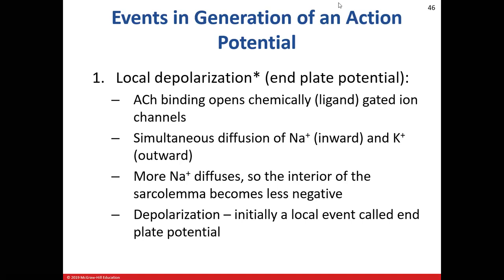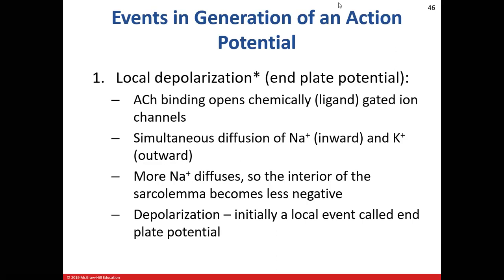Now, a local depolarization doesn't necessarily get us an action potential. One thing we're going to talk about is that an AP is an all or none event. It either happens or it doesn't. But in order for it to happen, it must reach the threshold stimulus level of minus 55 millivolts.